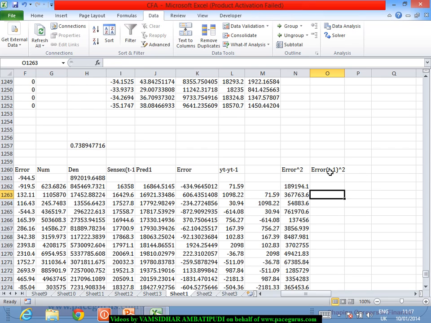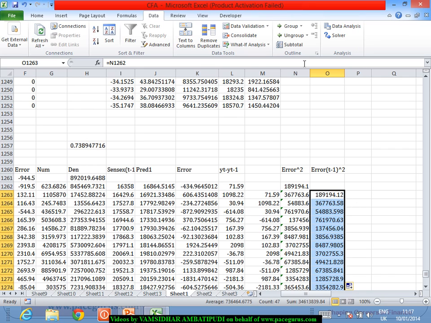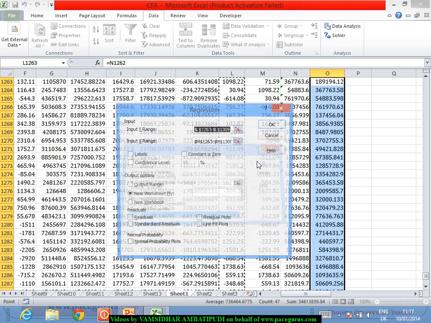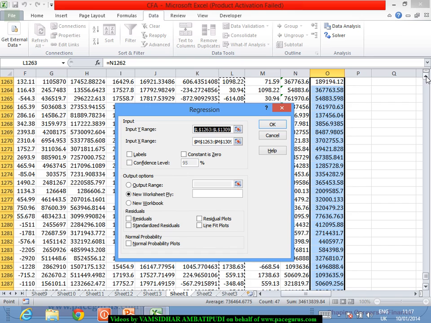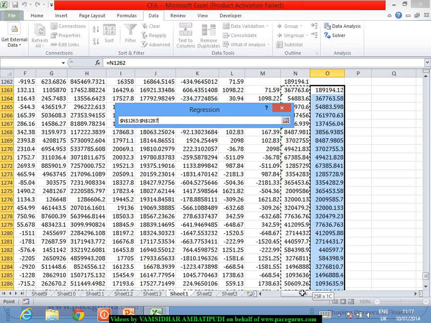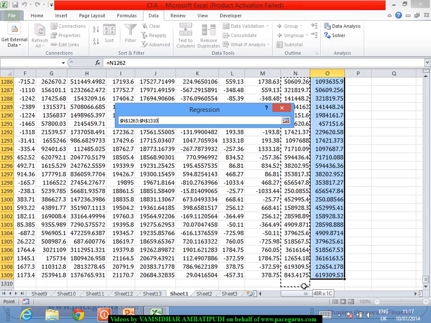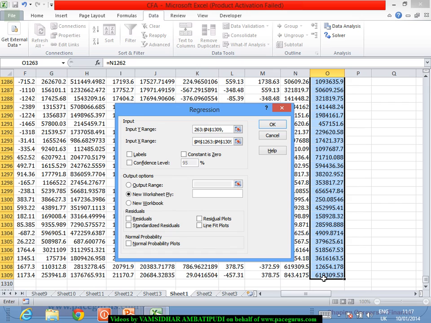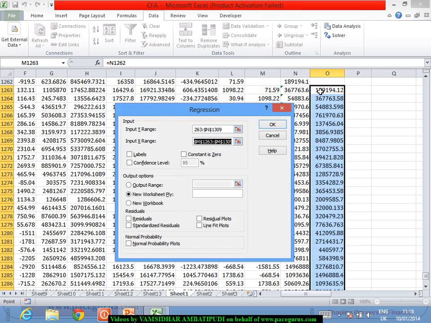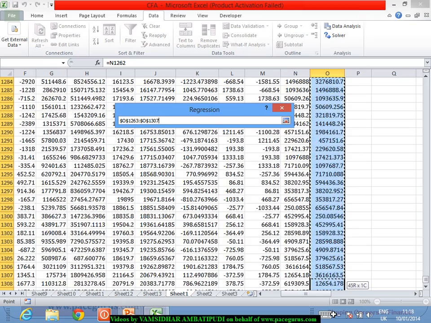So basically here I am taking this particular error square directly, and now I am doing a regression again. This time my dependent variable will be these numbers, and the independent variables are going to be these numbers.